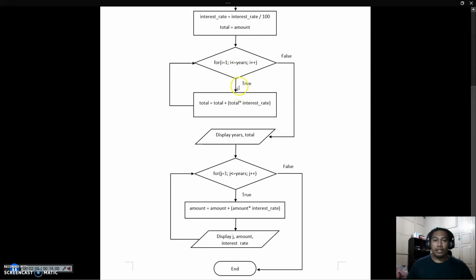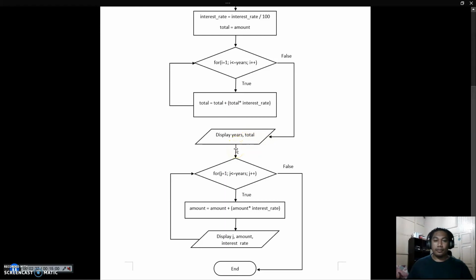If the condition is satisfied, the total amount will be calculated, where the formula is total equal to total plus total times interest rate. After the condition is not satisfied, it will display the years and also total.